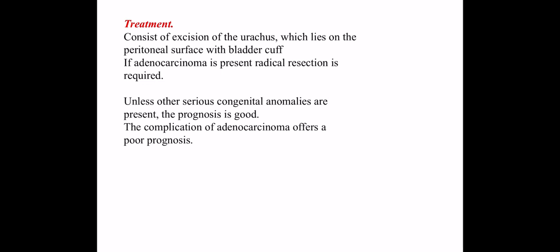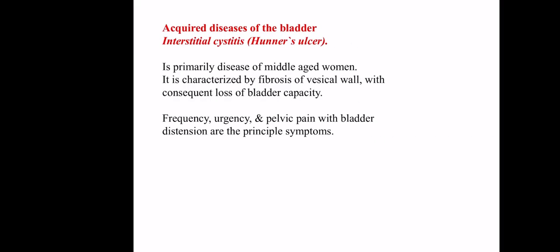Treatment consists of excision of the urachus, which lies on the peritoneal surface, with a bladder cuff. If adenocarcinoma is present, radical resection is required. Unless other serious congenital anomalies are present, the prognosis is usually good. The complication of adenocarcinoma offers a poor prognosis.